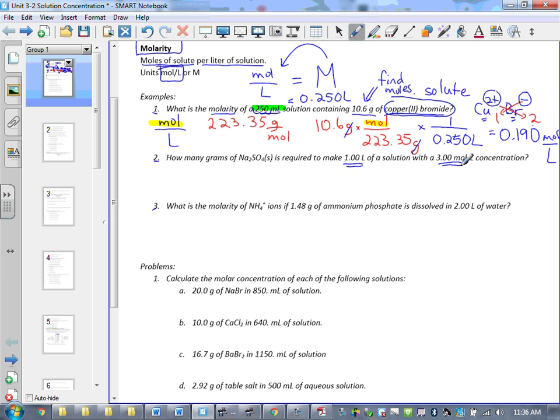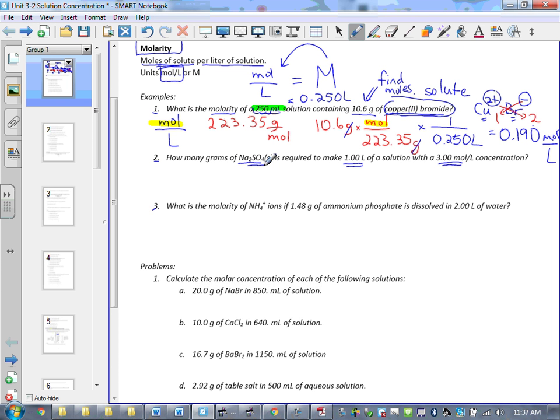But what I can do, Sarah and Eva, is I can weigh this stuff. So how many grams of sodium sulfate do I need to weigh out to make 1 liter of a 3 mole per liter solution? So to find grams, first I'm going to find moles.